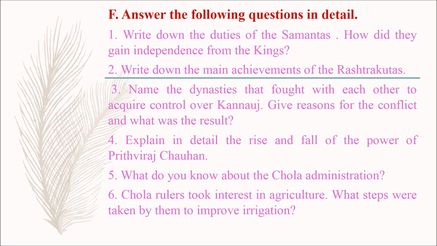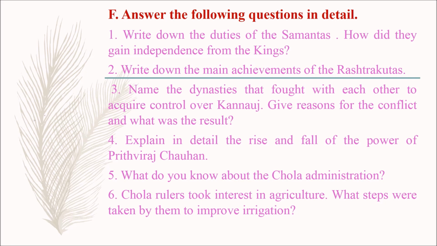Name the dynasties that fought with each other to acquire control over Kanauj. Give reasons for the conflict and what was the result. Question number 4. Explain in detail the rise and fall of the power of Prithviraj Chauhan.